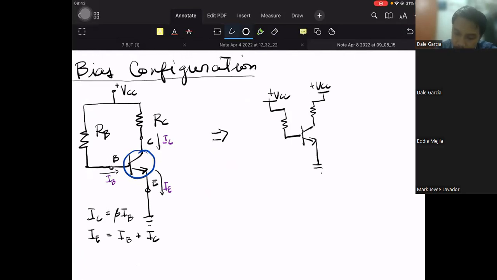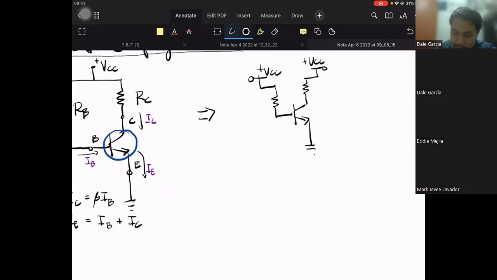And because these are just wires, pwede natin siya i-bend. No? I-straighten natin itong mga wires. Hindi na mag-matter. Hindi na siya maka-affect sa itong analysis.